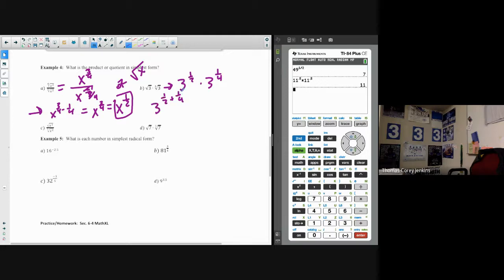And as always, we need common denominators to be able to add there. So we're going to change 1/2 to 2/4. And then when I add that, I get 3 to the power of 3/4, which is equal to the 4th root of 3 cubed.